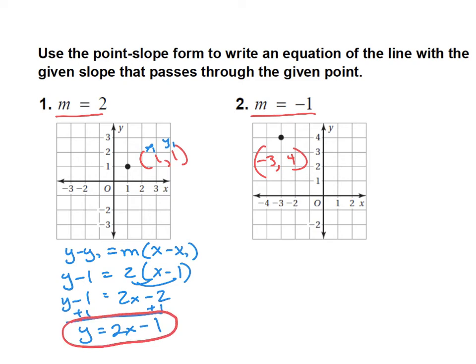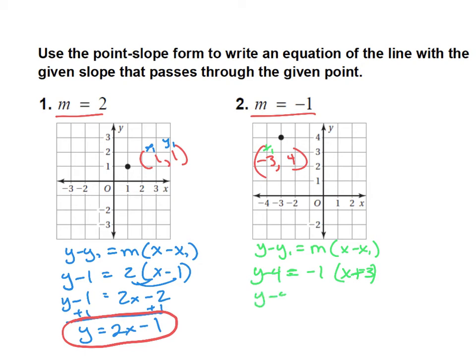Same thing here. Y minus y1 equals m times x minus x1. x1 is negative 3. So x minus a negative 3 would be the same as x plus 3. Our slope is negative 1. This would be y minus 4.